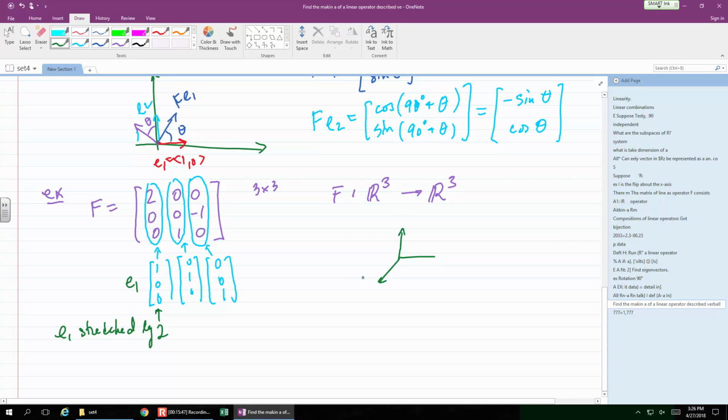Right, so this x-axis, x, y, and z, what has happened? The x-axis did not go anywhere because it's located in the exact same spot, but it has been stretched. So this is still the same but stretched. Okay, and then we're left with the other two, E2, E3.